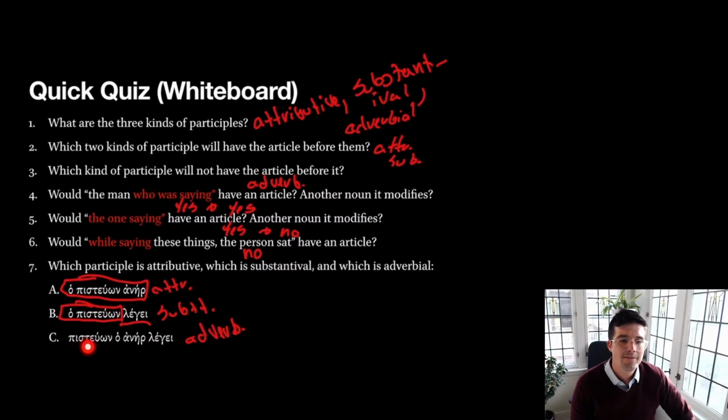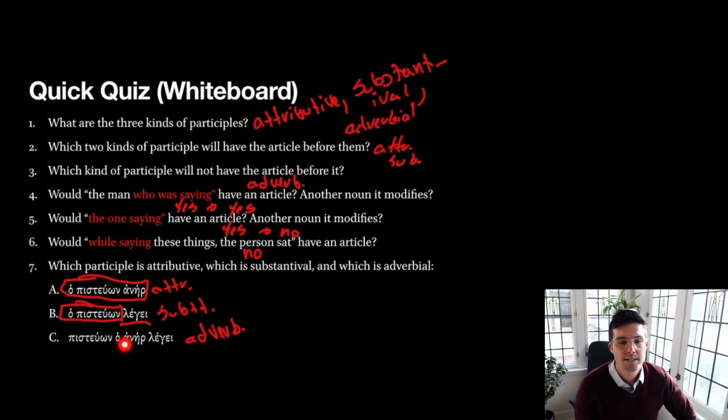And then down here we have an adverbial participle, pistuon, with no article before it. So this is translated 'believing, the man says.' So in English we would do this as believing, comma, the man says. So the believing and the saying happen at the same time because, and you don't know the forms yet, but this is a present tense participle.